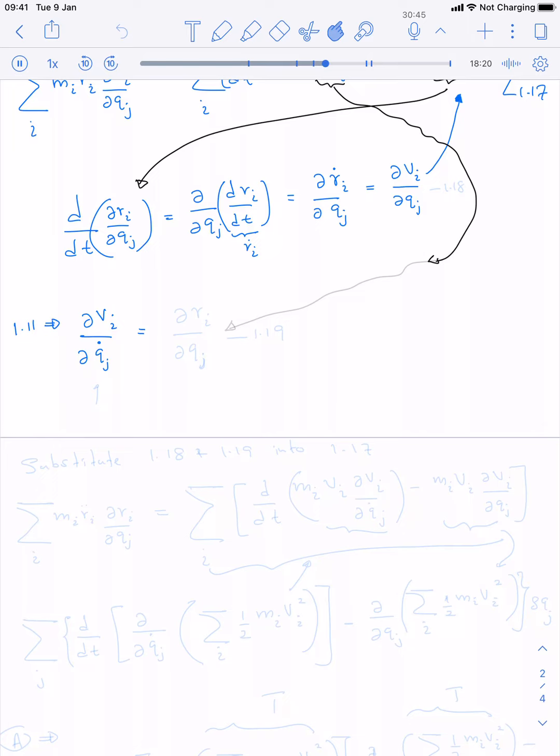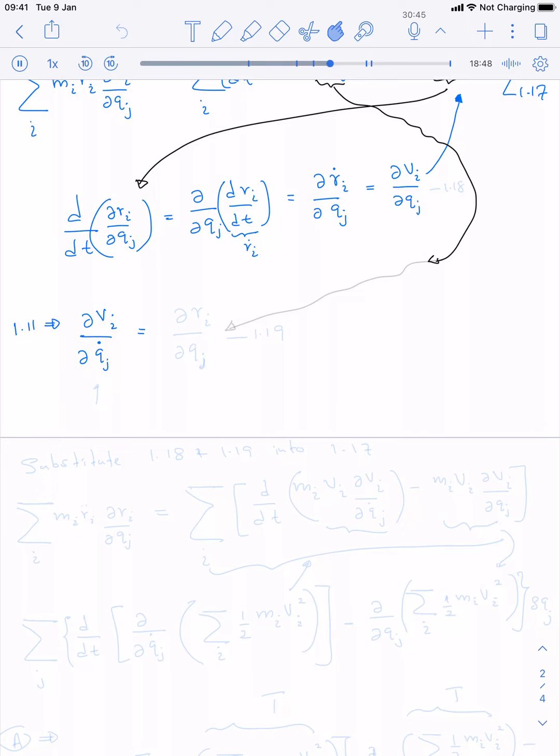This will give me the following. Let me go back and see the expression. The first term, when you differentiate with respect to Qj dot, you will have only the jth term.